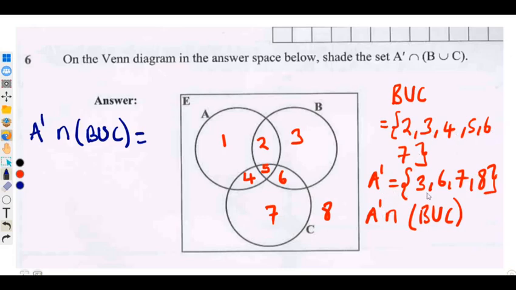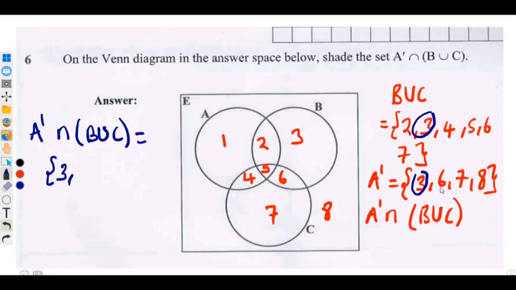Then A complement, we have 3, 6, 7, 8. Intersection means the elements that are found in both B union C and the A complement. We have a 2 here, we don't have a 2. We have a 3, and here we have a 3. So 3 is intersecting, it's common. So we are going to have a 3.